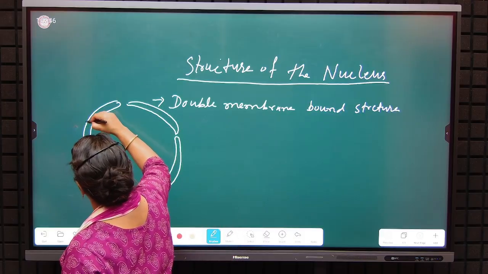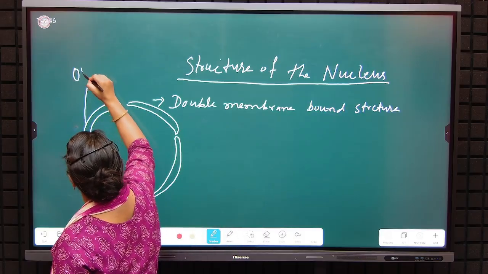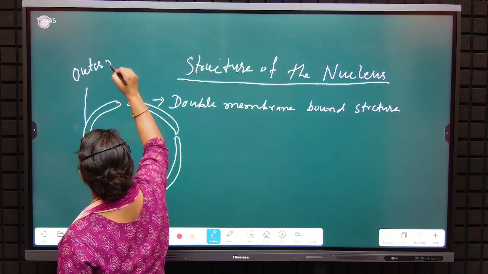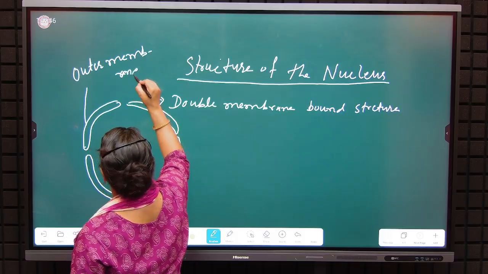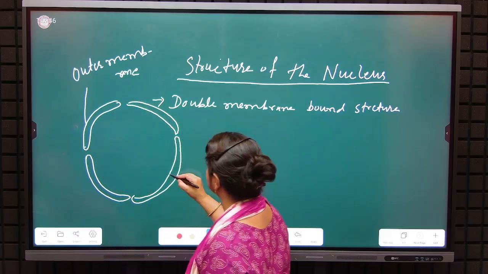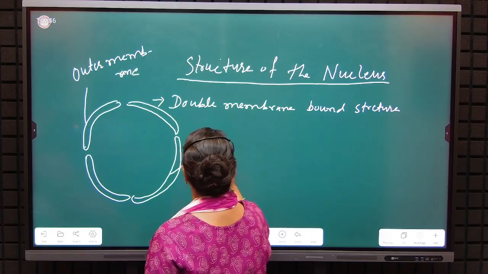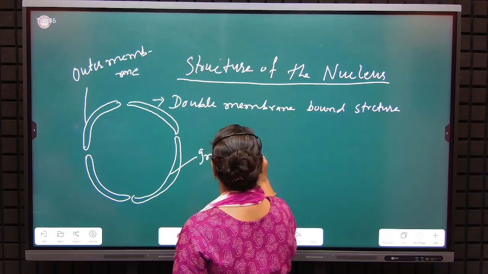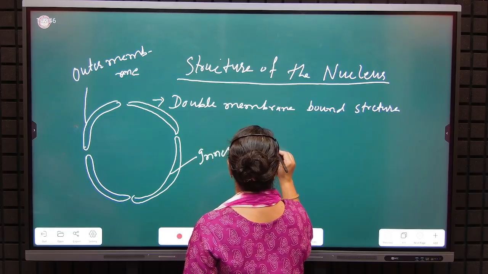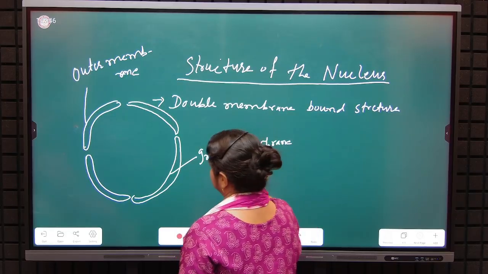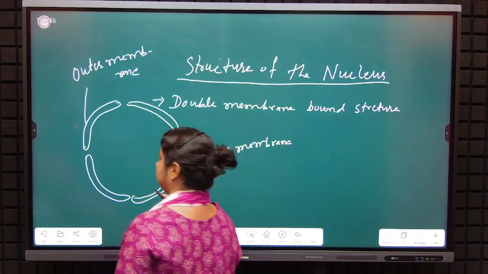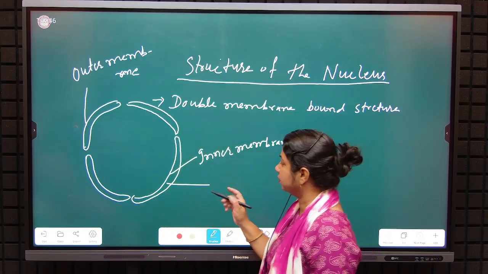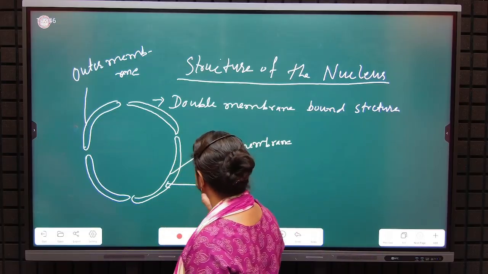The outer one is known as the outer membrane, and the inner one is known as the inner membrane. The space between these two membranes is known as the perinuclear space.